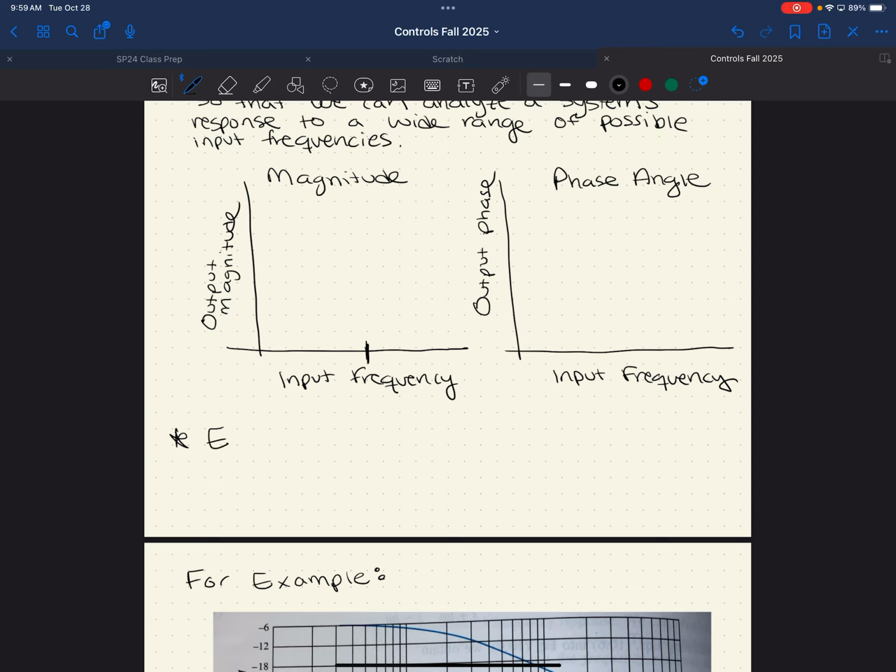So I'll put, except we actually use, instead of just the straight up input frequency, the log of the frequency, log omega, on the x-axis.